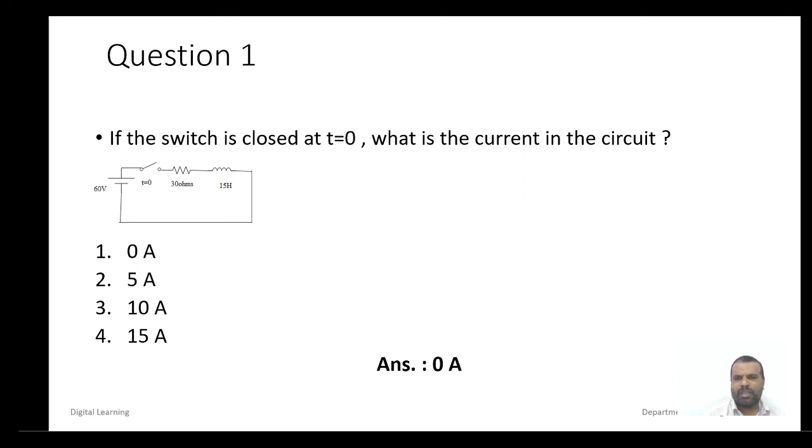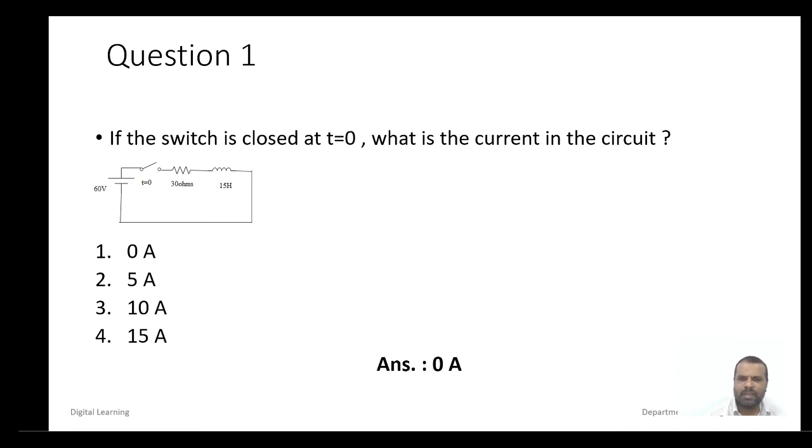On the basis of this section, we have some objective type questions. Question number 1. If the switch is closed at t = 0, what is the current in the circuit? The options are 0 ampere, 5 ampere, 10 ampere, 15 amperes.